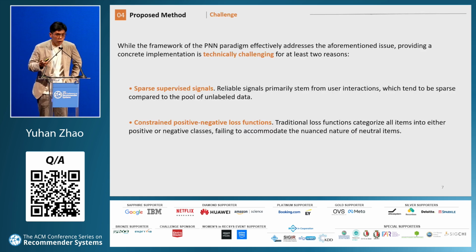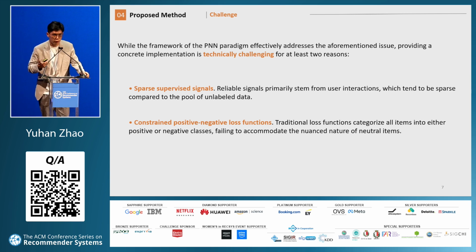So PNN looks good, right? But providing a concrete implementation is technically challenging for at least 2 reasons. First one, sparse supervised signals. Reliable signals primarily stem from user interactions, which tend to be sparse compared to the massive unlabeled data.